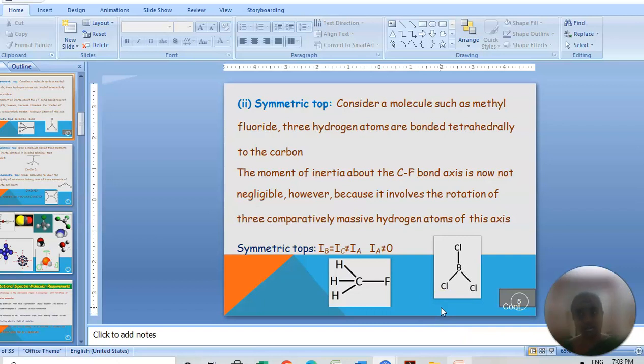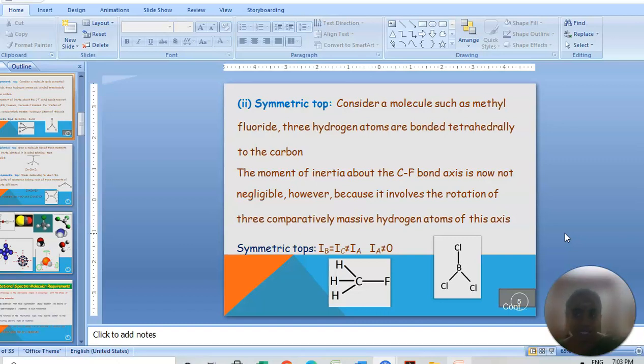So IB equals IC, but IA is not equal to 0, because the rotation about the bond axis involves the three comparatively massive hydrogen atoms. So for symmetric tops, always IB equals IC but not equal to IA.